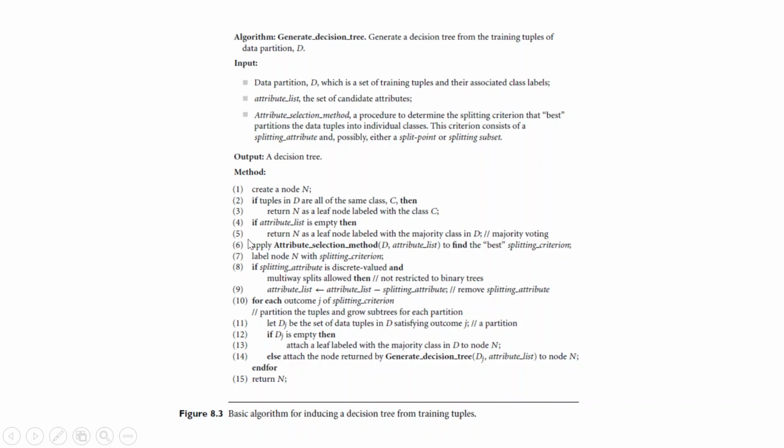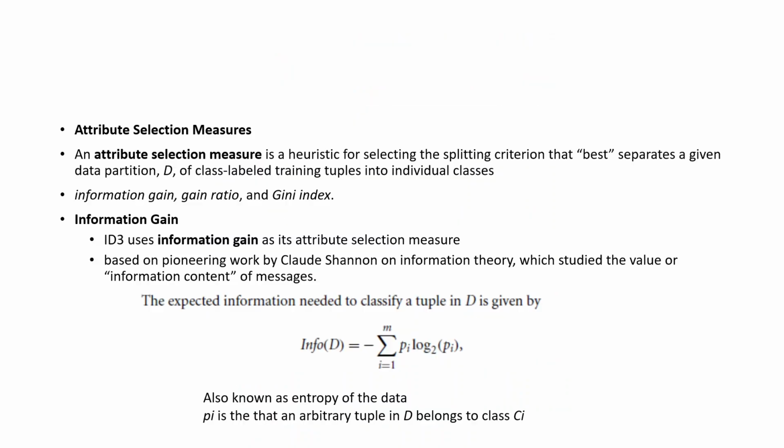But before that, what we do is apply the attribute selection method. There are different methods for attribute selection. We look at one of them and then come back to the algorithm.